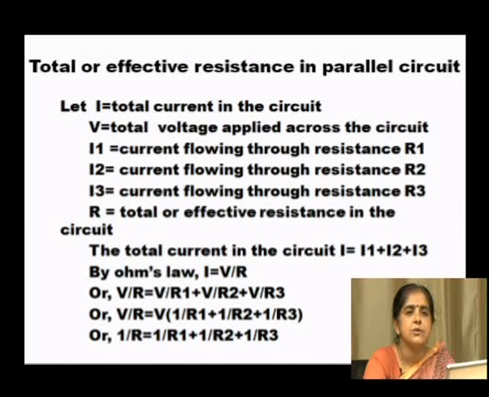Let I be the total current in the circuit, V the total voltage in the circuit, I1 the current flowing through resistance R1, I2 the current flowing through resistance R2, and I3 the current flowing through resistance R3.